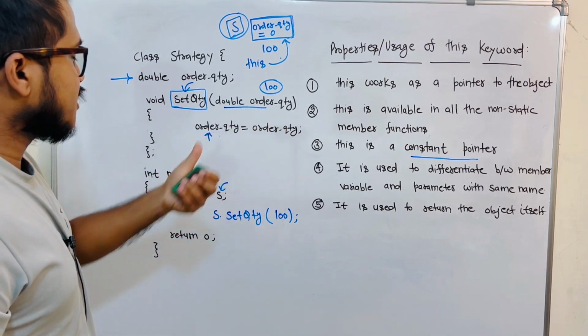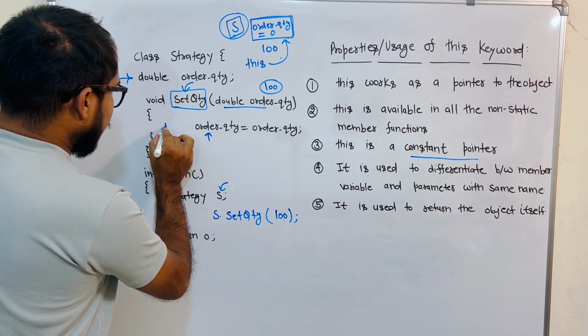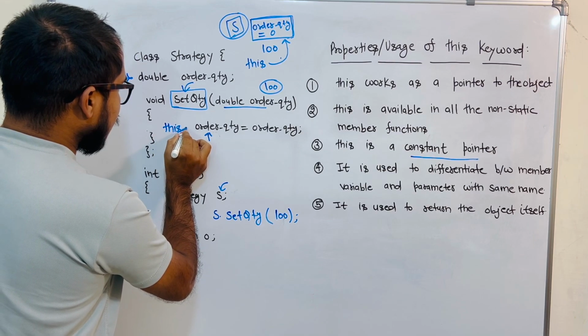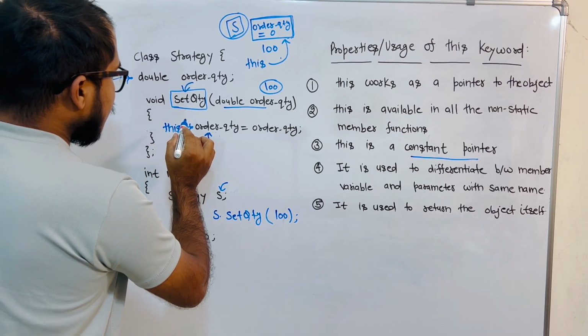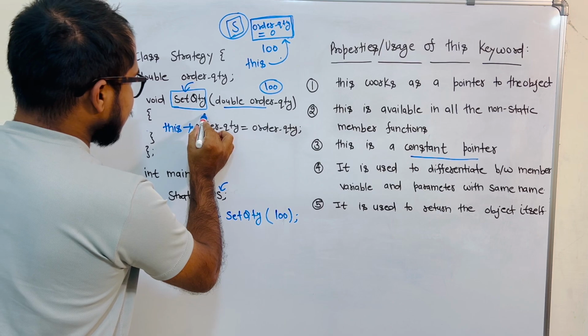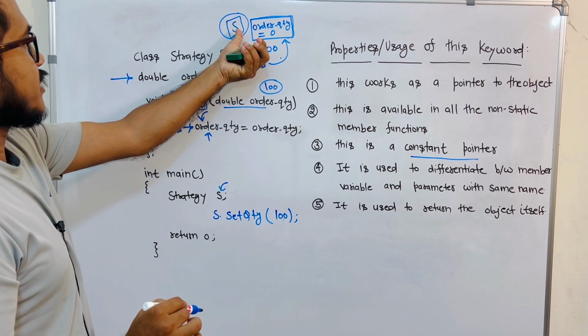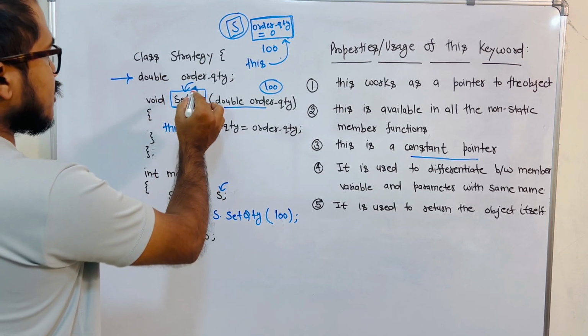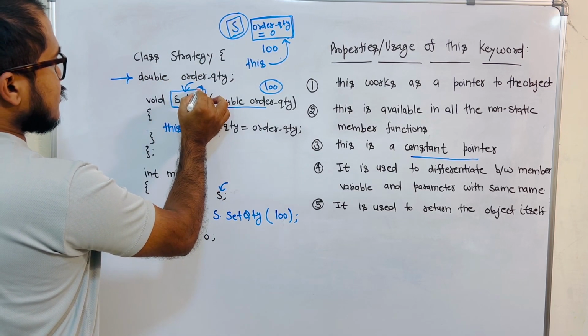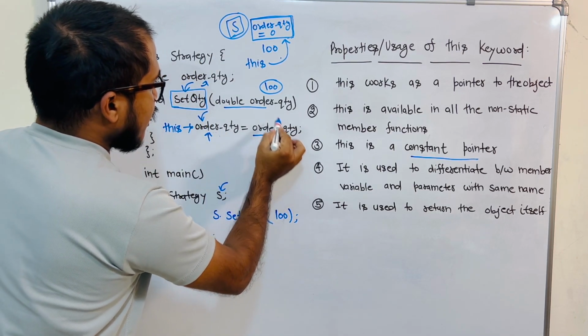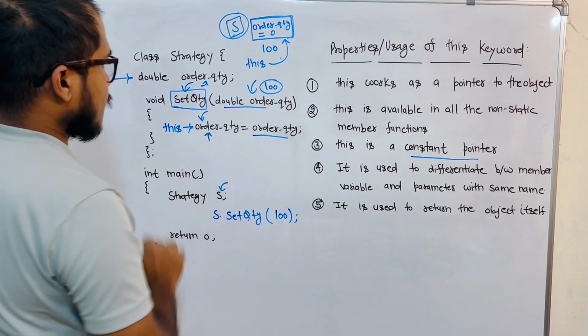So to differentiate them, I will do it like this: this pointer, order quantity. It means that I am trying to access the member variable order quantity which is associated with this particular instance of the class. So in this case I am trying to access this, and this is my local variable.